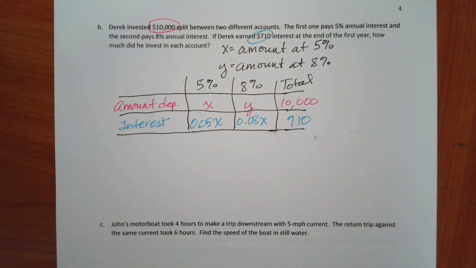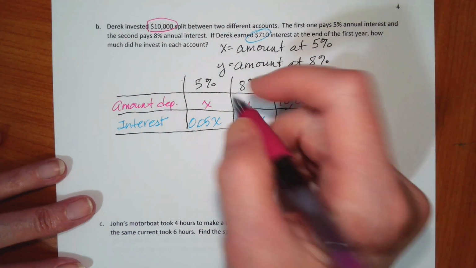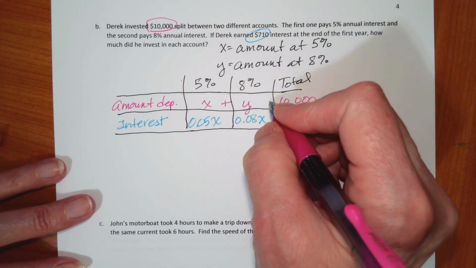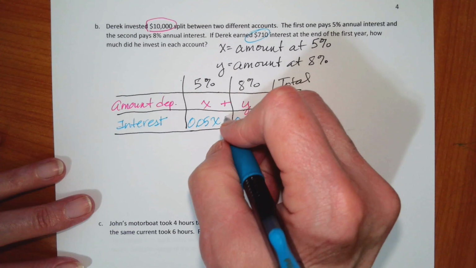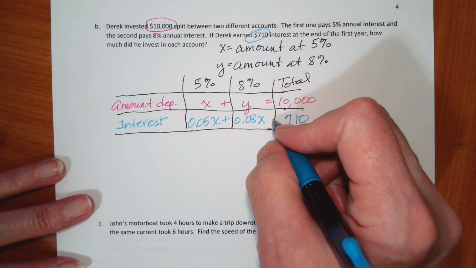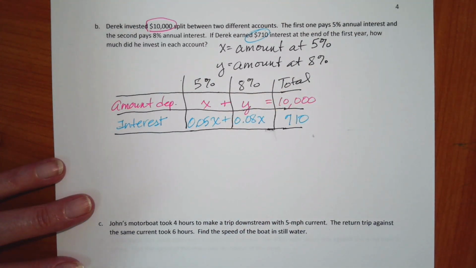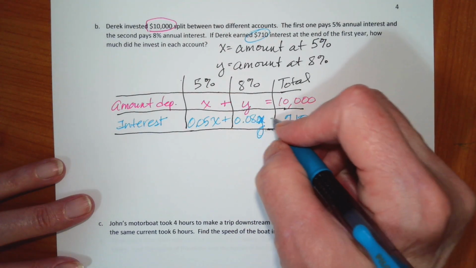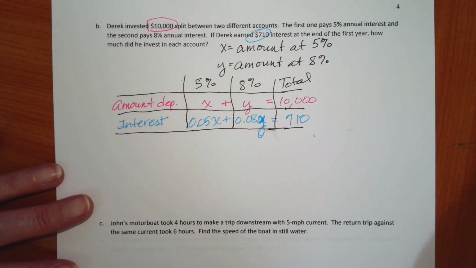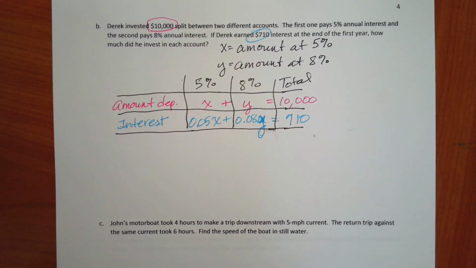So you've got your two equations here. You have x plus y is equal to 10,000, 0.05x plus 0.08y is equal to 710. So you've got your system here.